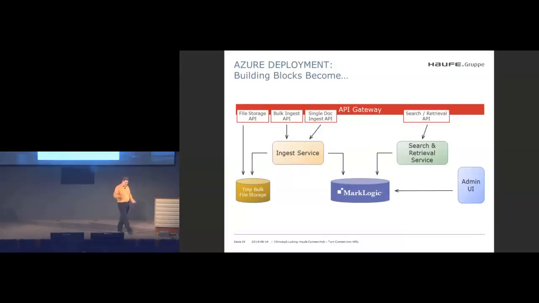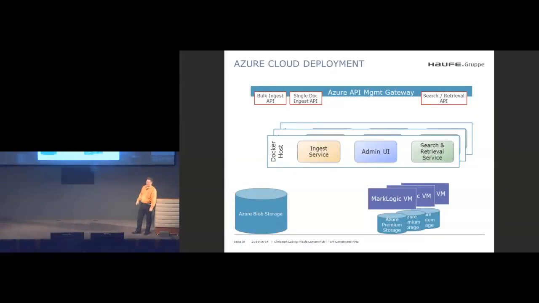So, given that we want to move things into the cloud, if you look at the building blocks of the Content Hub we saw before, this becomes the following if we go into Azure. And yes, we decided to go to Azure. We have the Azure API Management Gateway in front, which is a PaaS solution.